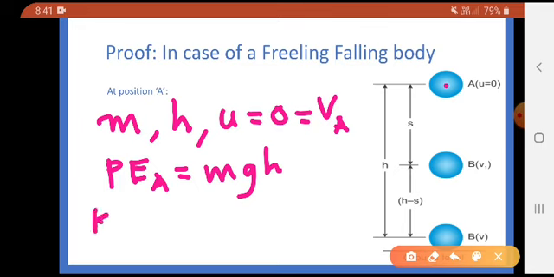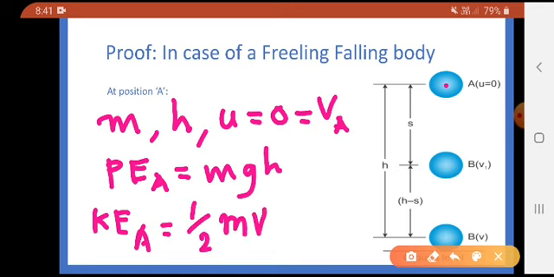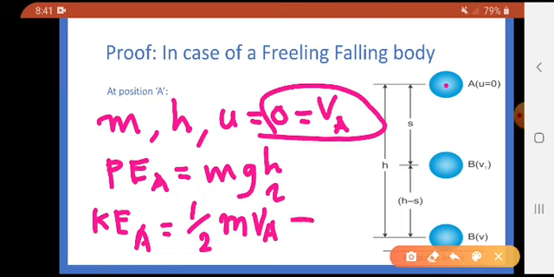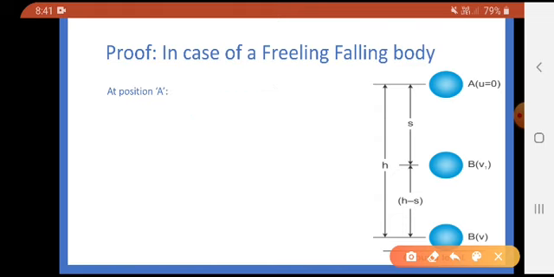And what is the kinetic energy? Kinetic energy at A equals half m v_A squared. Here, what is the value of velocity? Velocity is 0, so the total term becomes 0. At position A, potential energy is mgh and kinetic energy is 0.